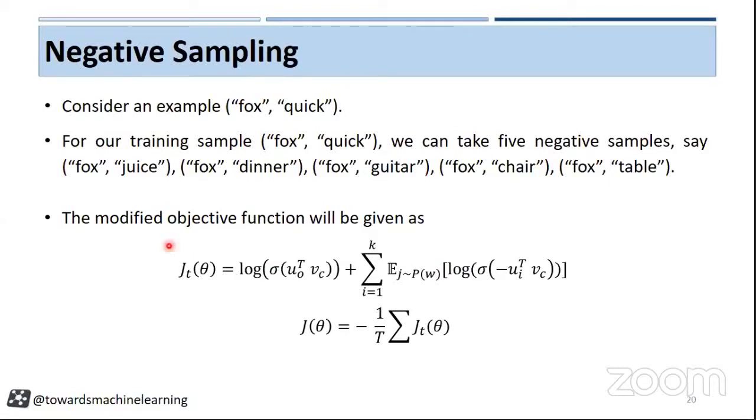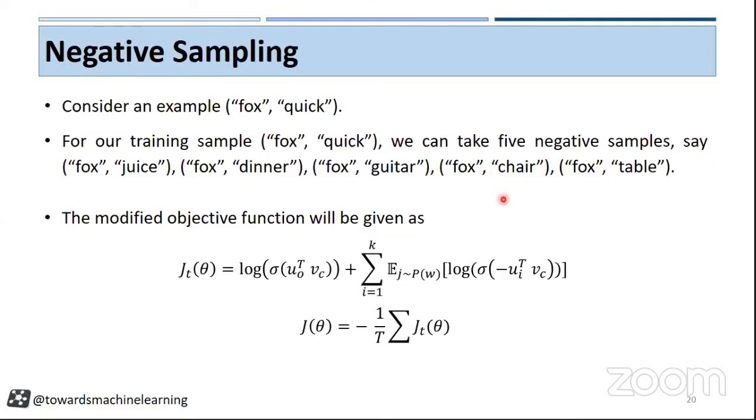So here we have to slightly modify our objective function. For our positive sample, we find the sigmoid of the product of these two vectors, and for the negative samples, we first sample some pairs from our entire data set, and then get this value. This will be our cost function for negative sampling.